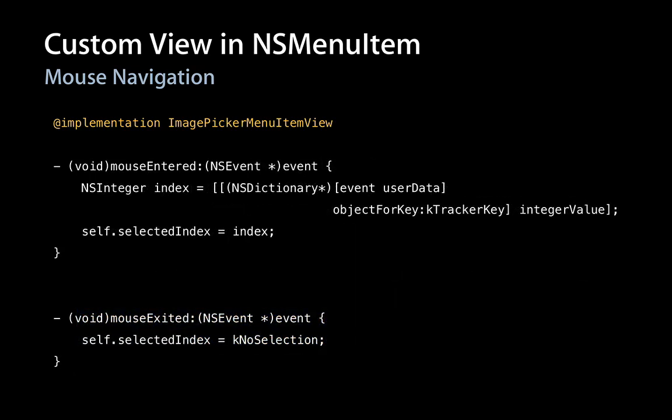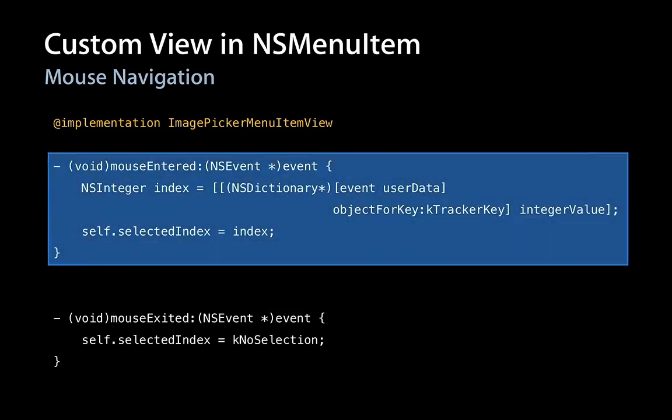So now that we have our tracking areas implemented and in place, and they automatically get updated whenever the system thinks that they need to be updated, we can go ahead and implement our mouseEntered responder method. You can just call userData right off of event, and this will be that user info dictionary that we added to the tracking area. We'll grab our index value out of there and just set our property selectedIndex to that index.